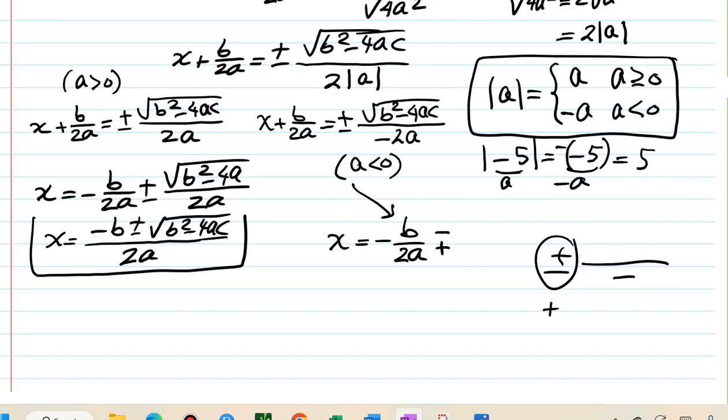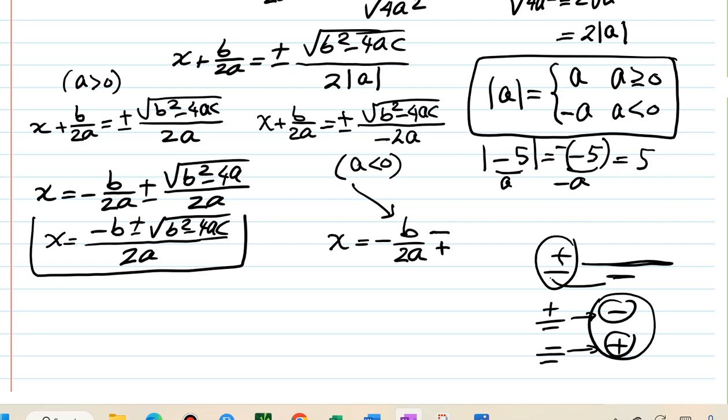If you look at plus, positive over negative is negative. If you look at the minus, negative divided by negative in the denominator yields a positive answer. So the plus minus divided by negative in the denominator actually switches plus minus to minus plus. That's why I have minus plus.